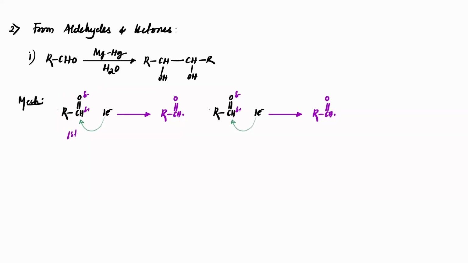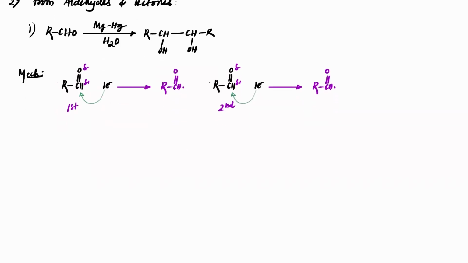Now we will have these radicals, and they will terminate with each other to give RCH(O-)CH(O-)R. This is the alkoxide which is formed.